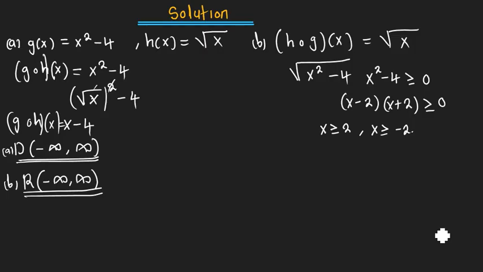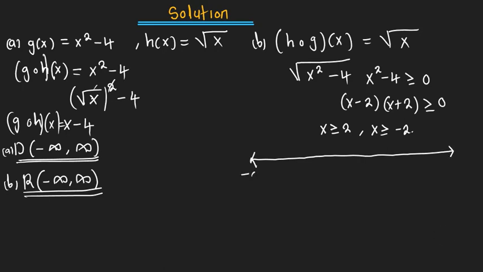So how is the domain going to be like? Whenever you find something like this, you need to test your values. So I'm going to test these values on a real line and see where my domain is going to start from.